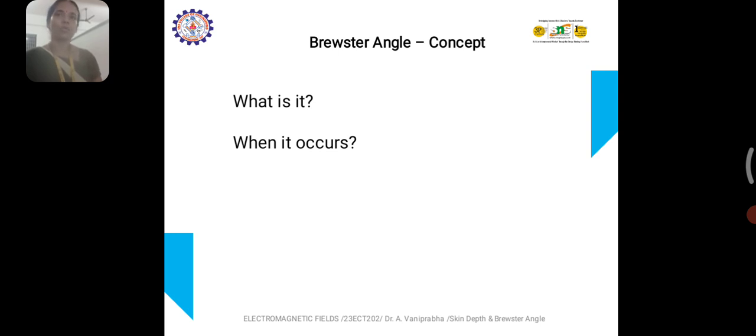We can define it in two ways: the angle when there is no reflection, or the angle at which the reflected ray and refracted ray are both perpendicular.